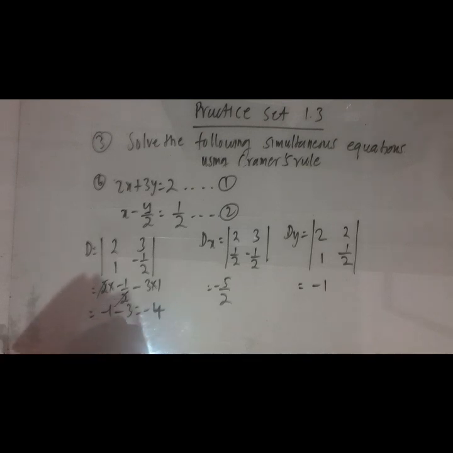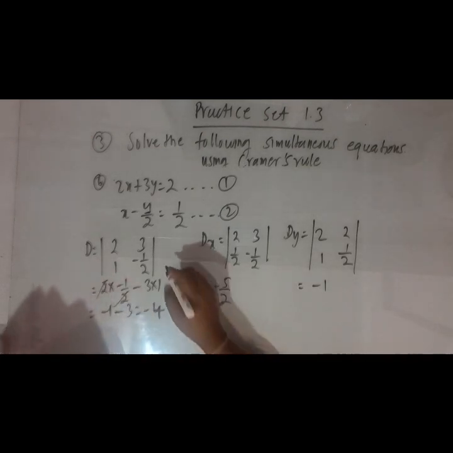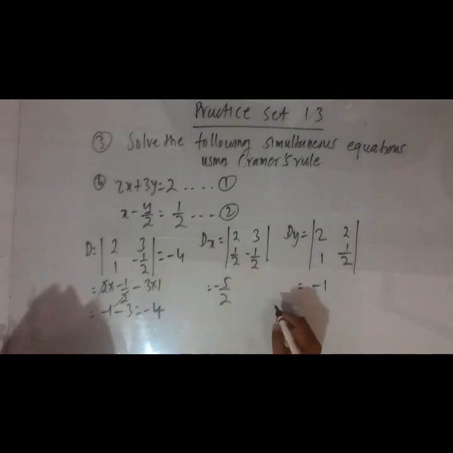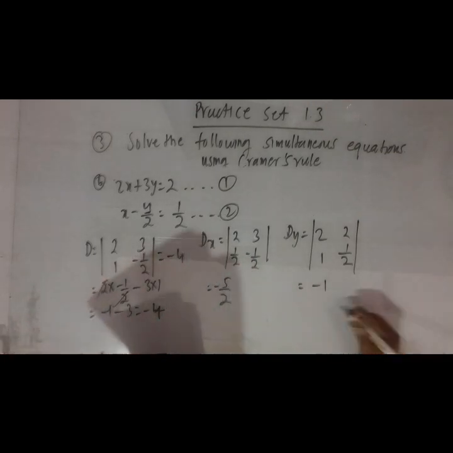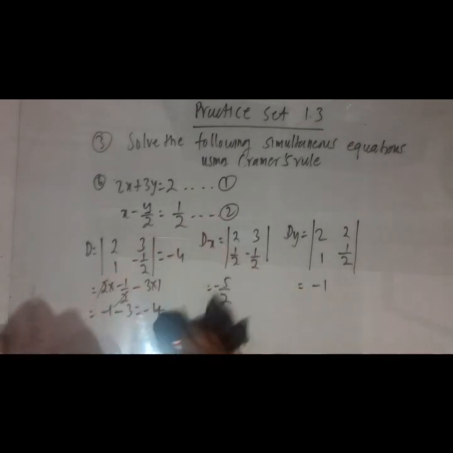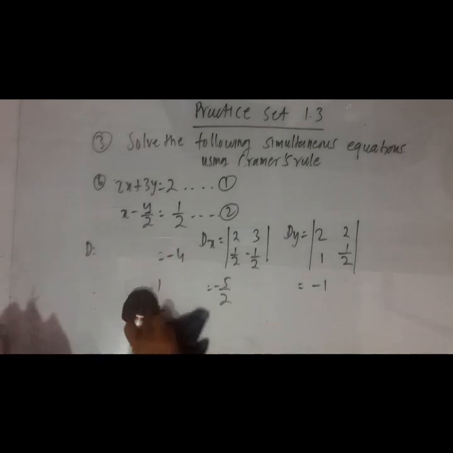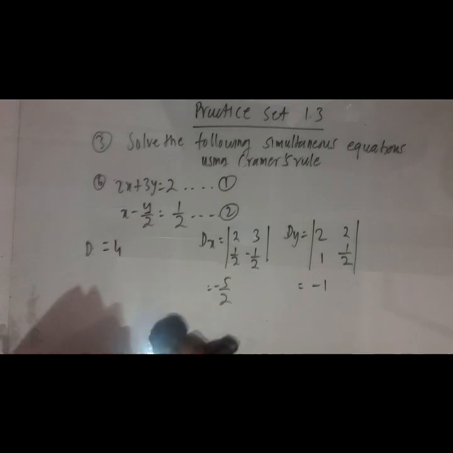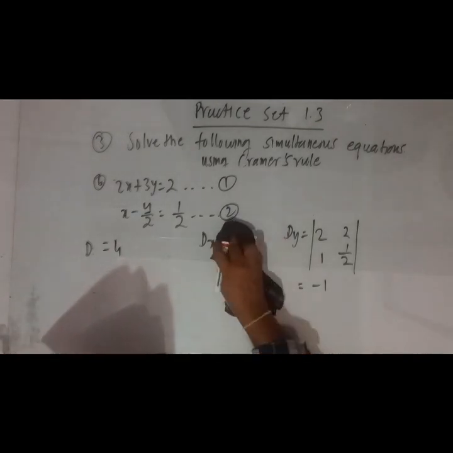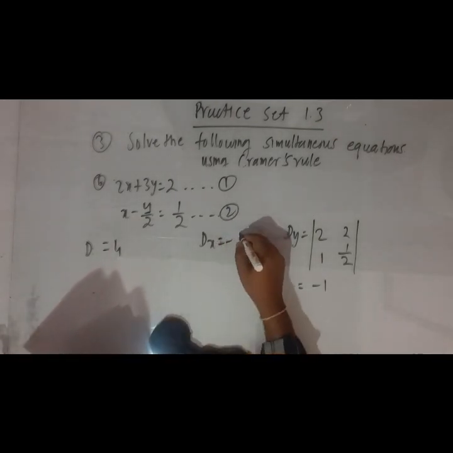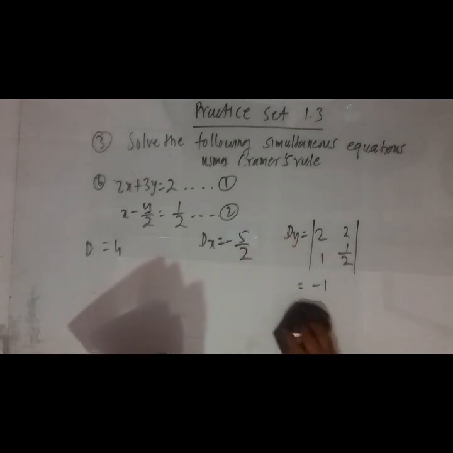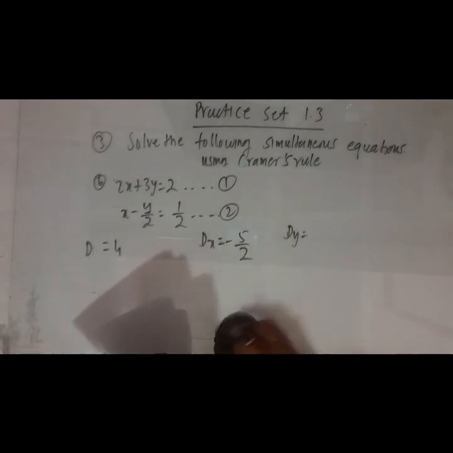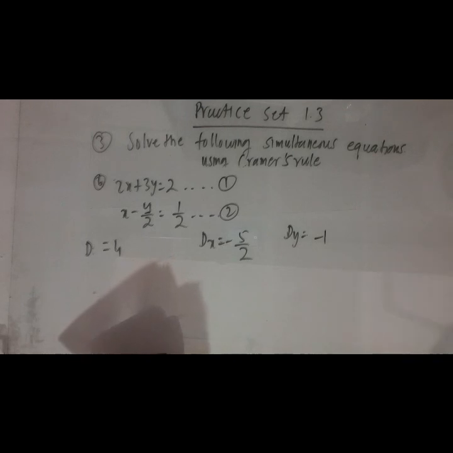So you have found d is minus 4, dx is minus 5 upon 2, and dy is minus 1. Now the value of x will be dx upon d.